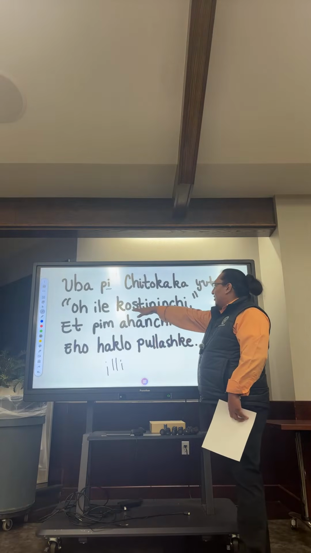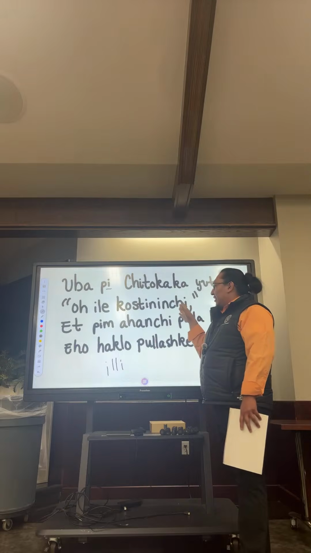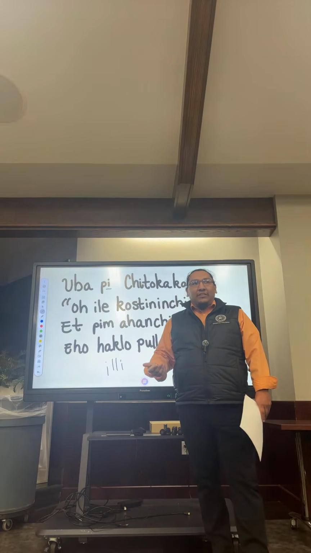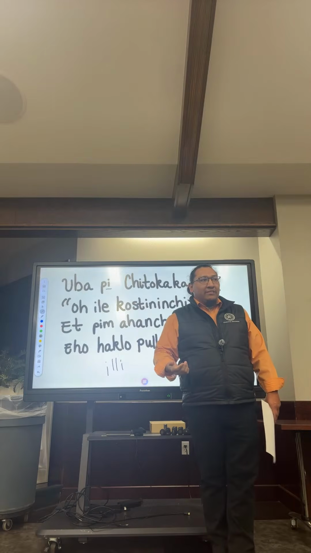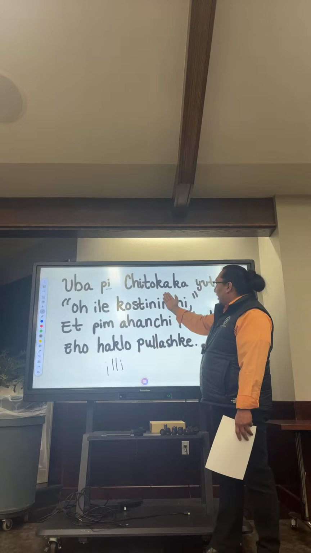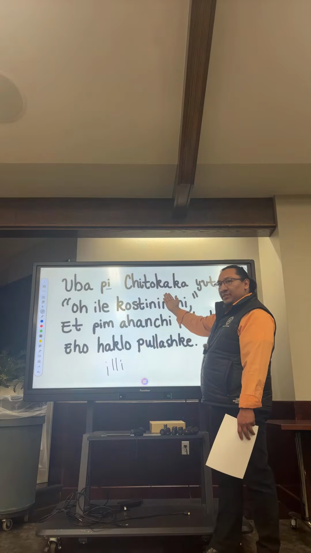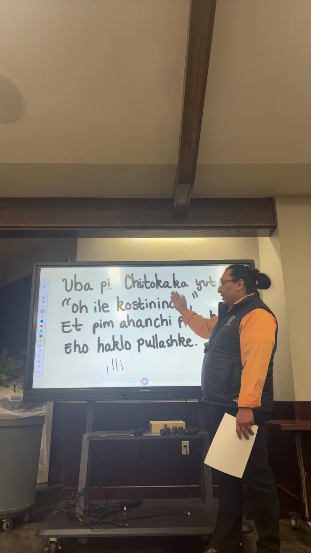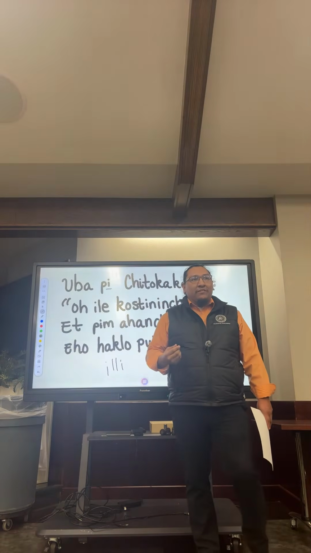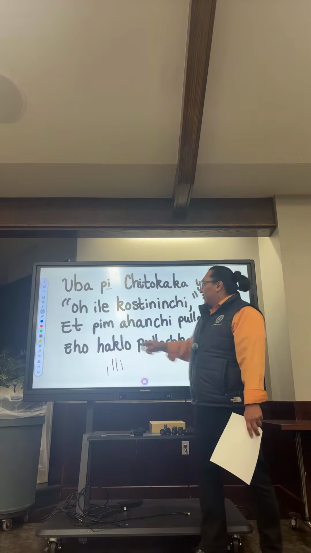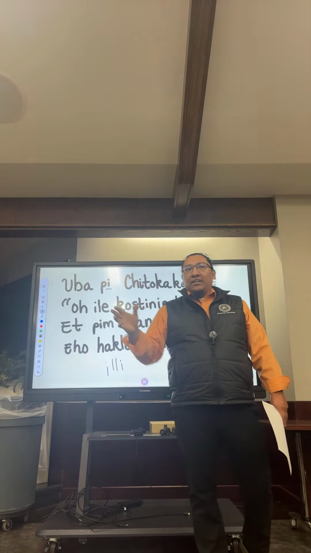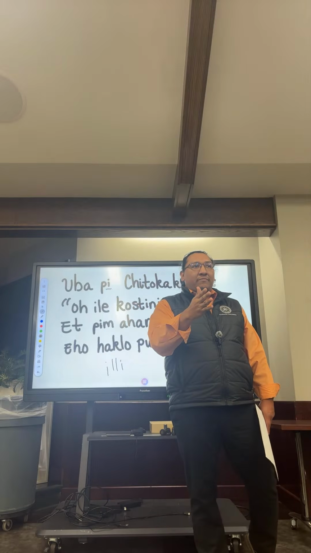Okay, and so Costanici in the dictionary, I think it kind of has the word discipline. Actually it's Costini. Costini is discipline. But Costanici means to make something discipline. And so, whenever you say, O ili Costanici, that means everybody discipline yourselves.